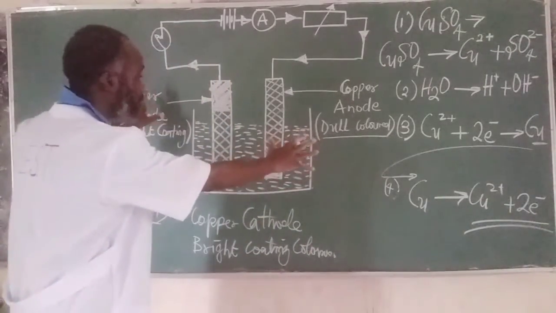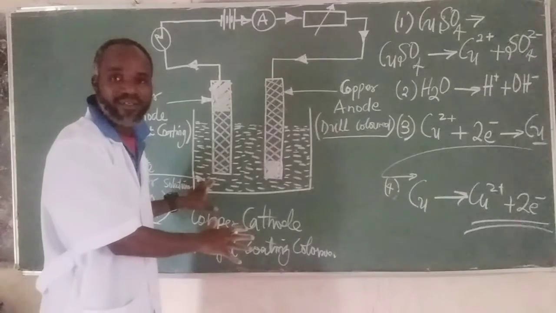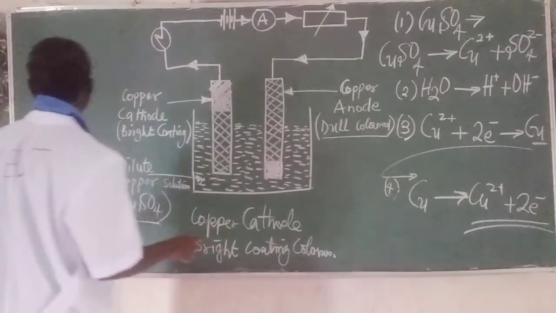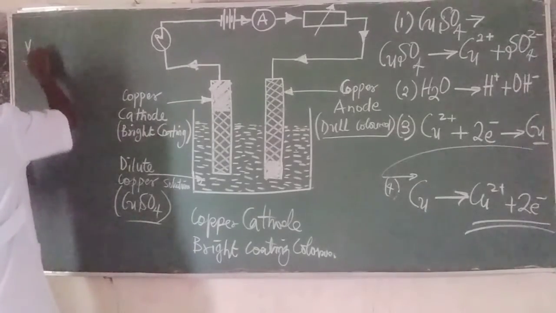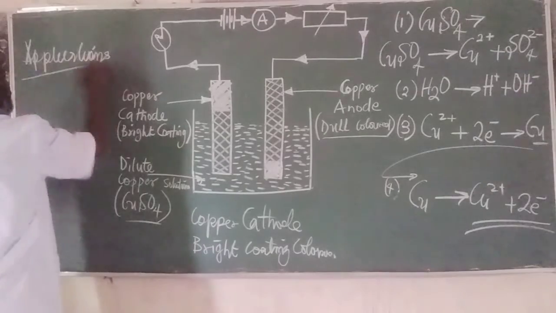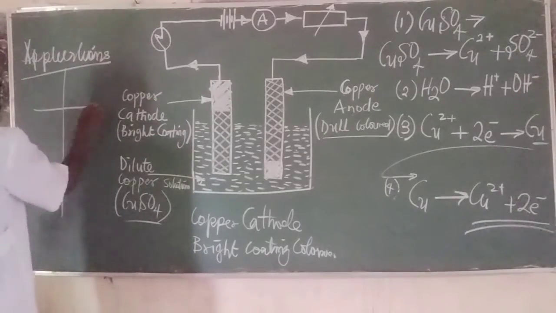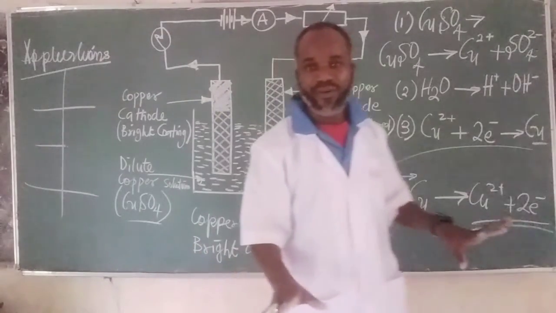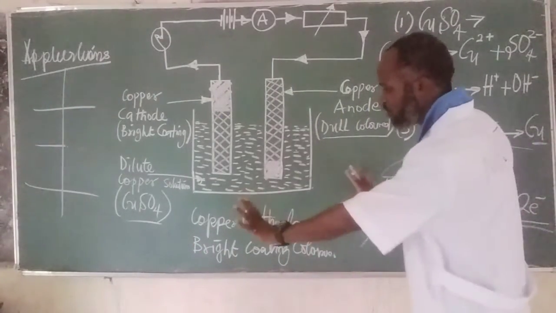And that's exactly the way it is on the board. This will help us to understand the applications of electrolysis, which we are going to do subsequently in our class. We are going to do the first one, second one, and third one, how it works. So we take note of this.